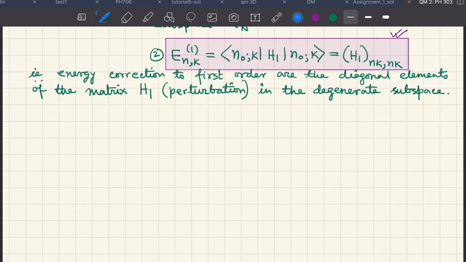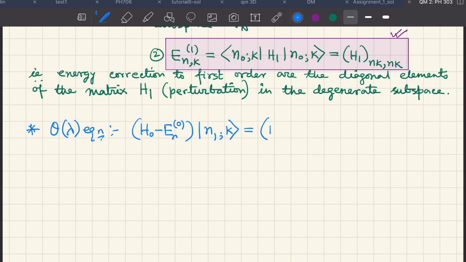So let us first talk about this step 2. That means, as we said, we use the order lambda equation, which is nothing but H0 minus En0 acting on ket N1k.